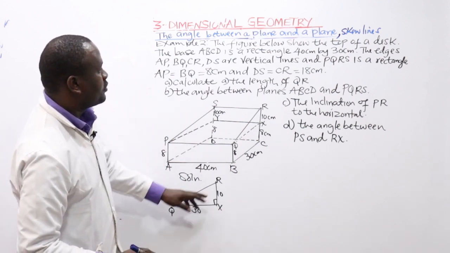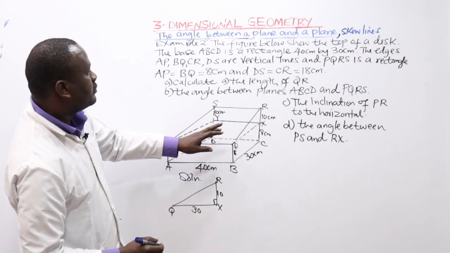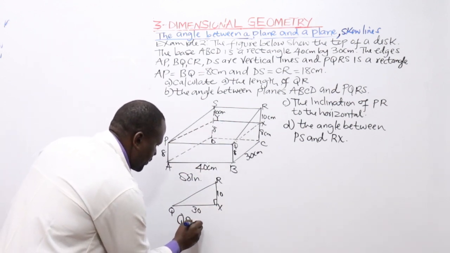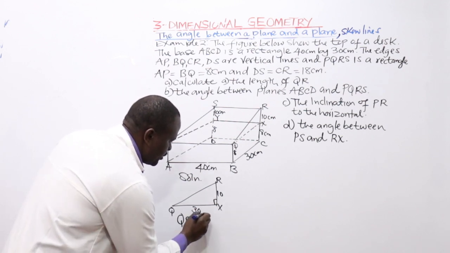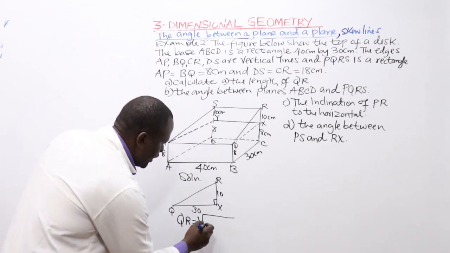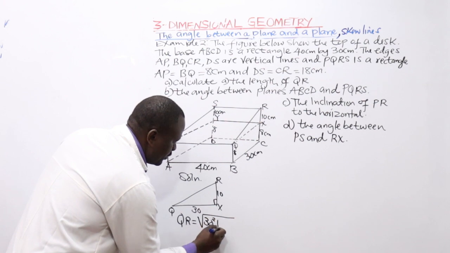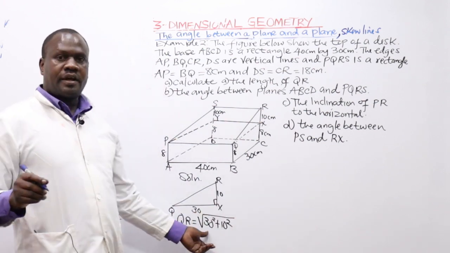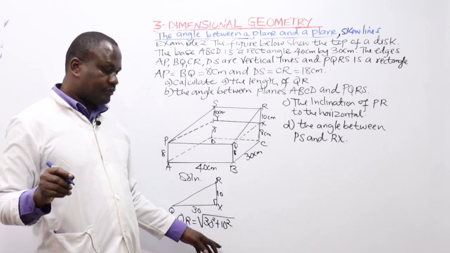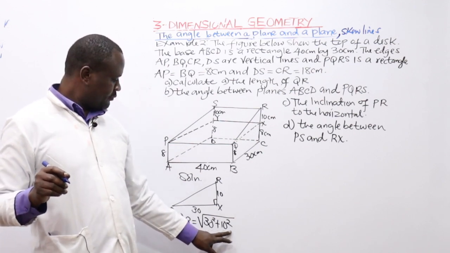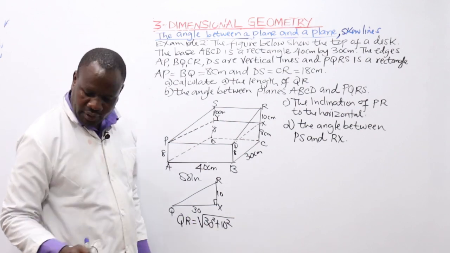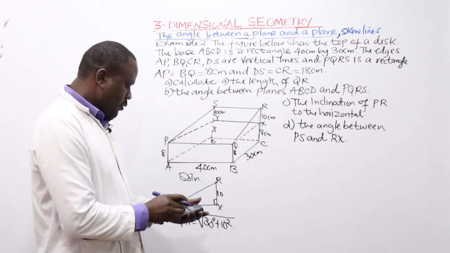QR will be the square root of 30 squared plus 10 squared. 30 squared is 900 plus 100. 900 plus 100 is 1000.